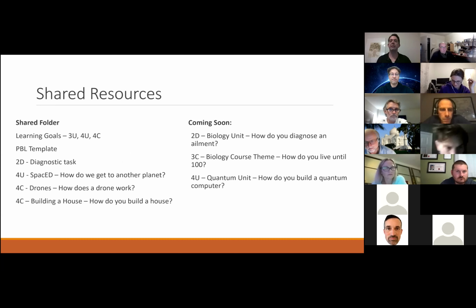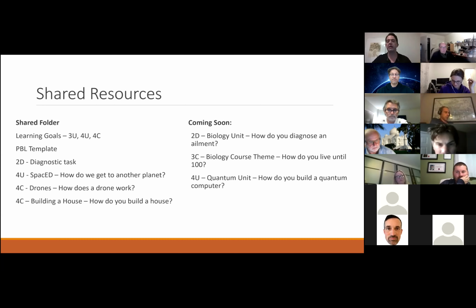The PBL template, which basically is the headers that I talked about earlier, the learning goals header, the basically the structure for those activities I showed you earlier. The 2D diagnostic task that we didn't get an opportunity to try, what I've done in 4U and 4C. So feel free, maybe if you're only teaching one course, try something out, see what you think. If you ever need any help, please let me know.